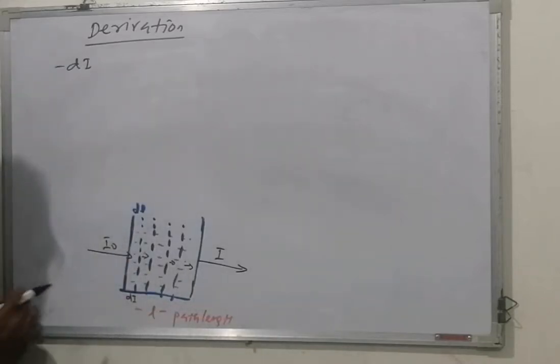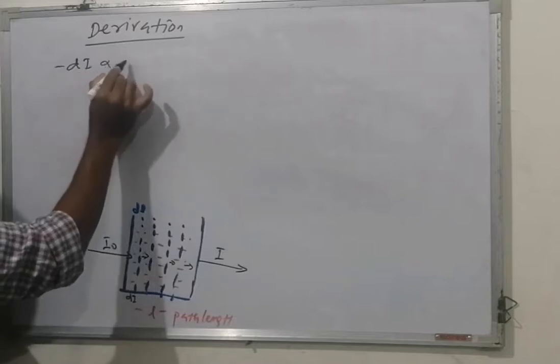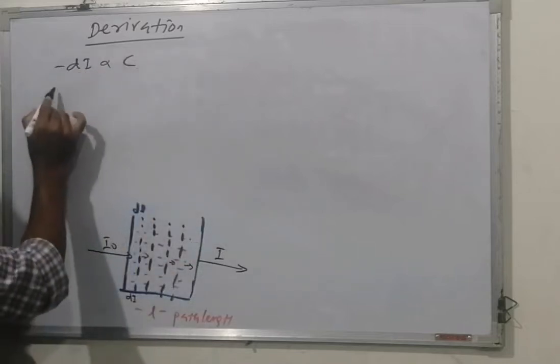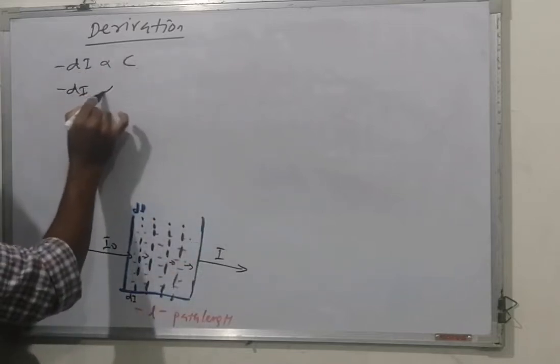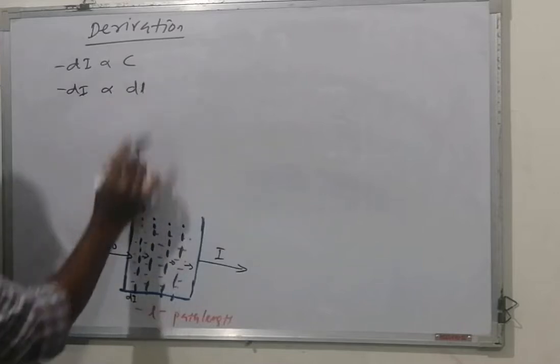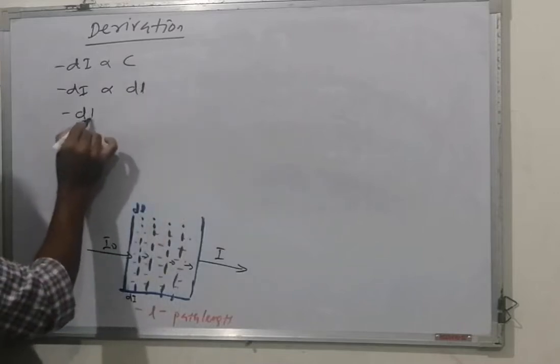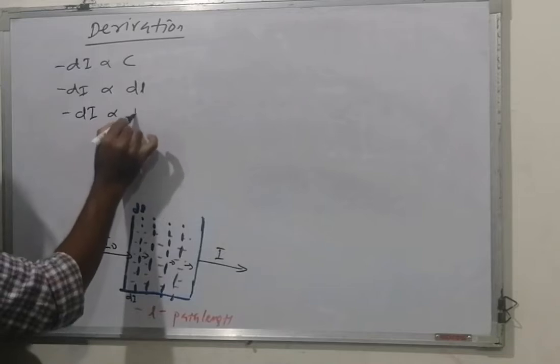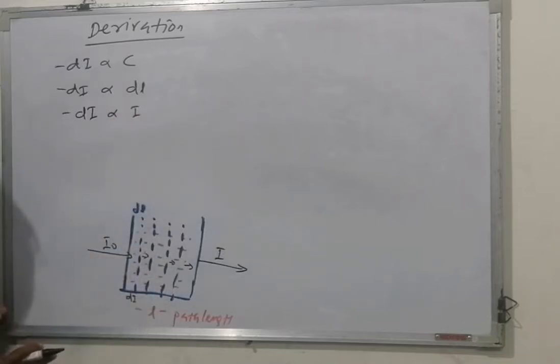because we are only interested in the magnitude of the intensity. dI is directly proportional to the concentration of the medium. Similarly, the decrease is directly proportional to dl, the path length of the medium, and also proportional to the intensity of the light which is incident.